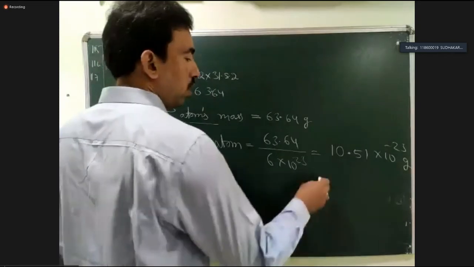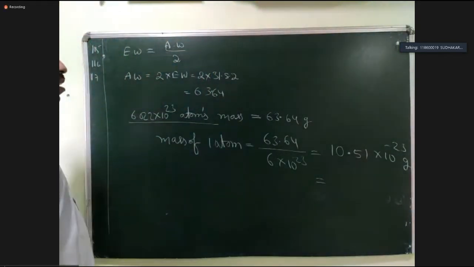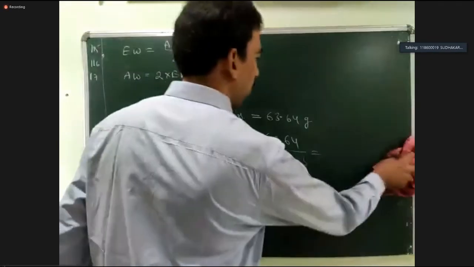The mass of one atom is 63.64 AMU. In the option, sir, it is directly given as 63.64 by 6.02 into 10 power 23, so there is no need to find the value.